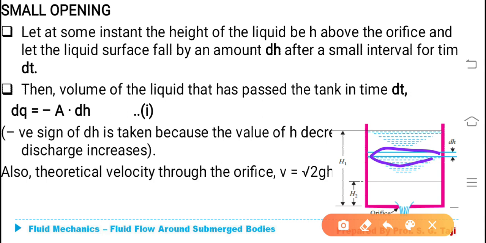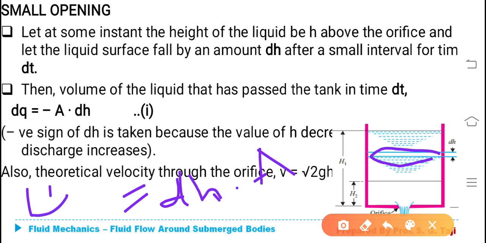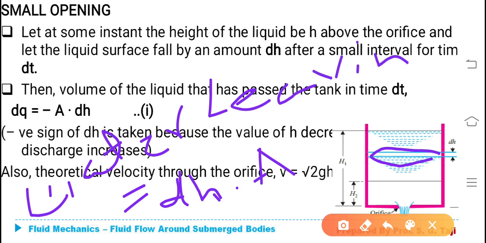That's why the minus sign is used. A multiplied by dh is equal to the water leaving the tank. This is equation 1.